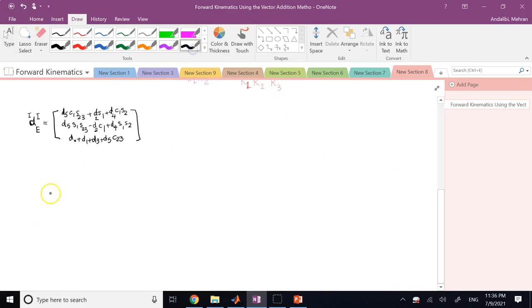So you can say that my rotation matrix, which is E with respect to I, can be written as rotation of 1 with respect to I times 2 with respect to 1 times 3 with respect to 2 times E with respect to 3.